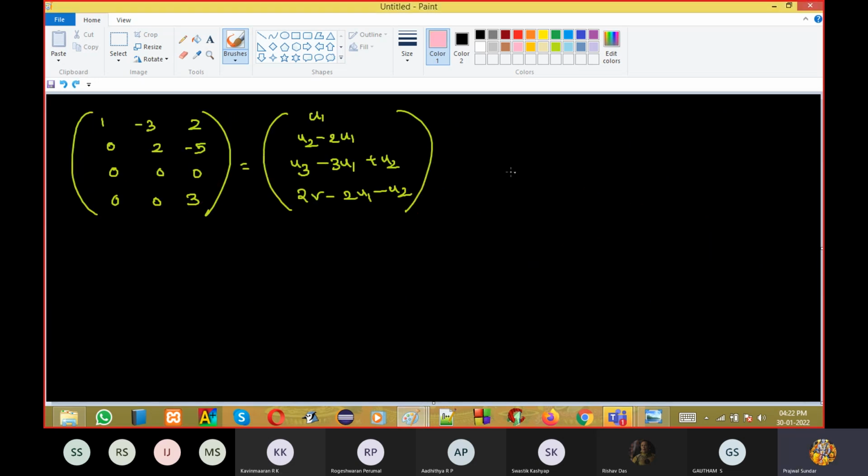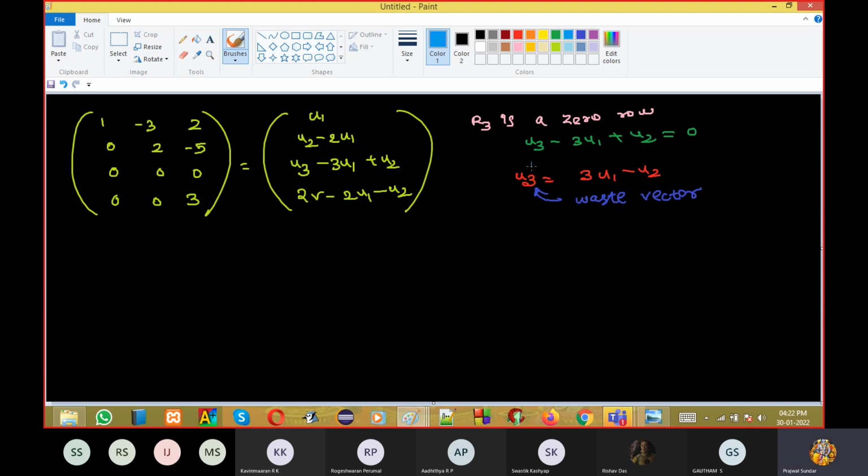Okay. Now observe carefully. R3 is a 0 row. So I can say u3 minus 3 u1 plus u2 equals 0. So I can write u3 as 3 u1 minus u2. Meaning this is a waste vector for us.